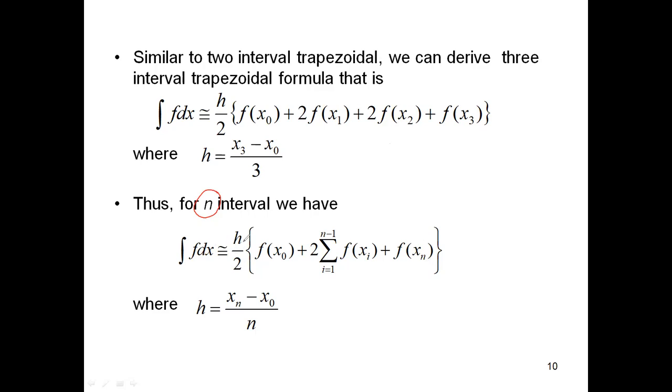The h that you see here is the same principle as applied with the other areas divided by n trapezoidal parts: x sub n, the upper limit, minus x sub 0, the lower limit, divided by the number of divisions.